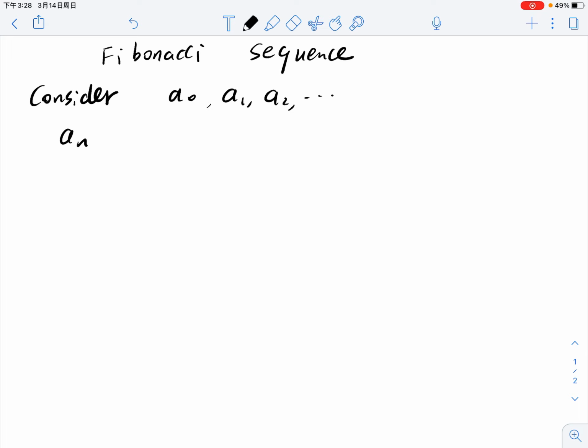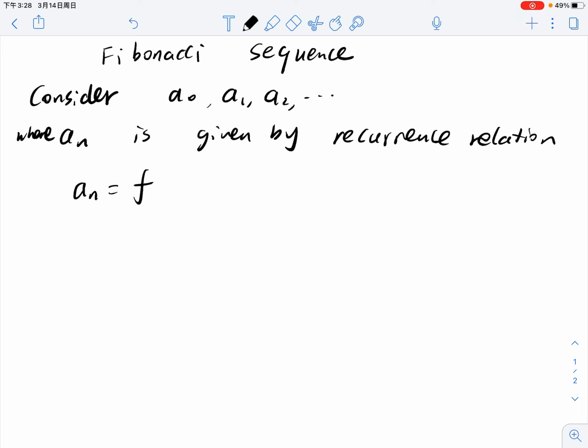You can start with A1 just by shifting the formula by 1. And here we assume An is given, instead of by a closed formula, by some recurrence relation.